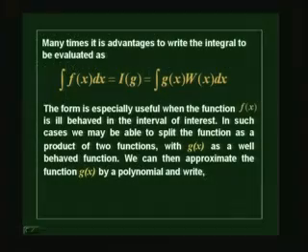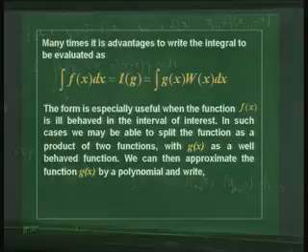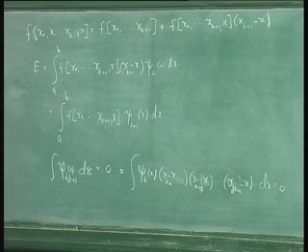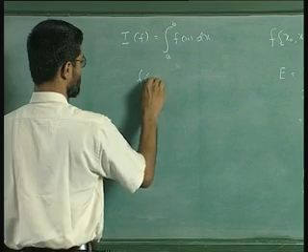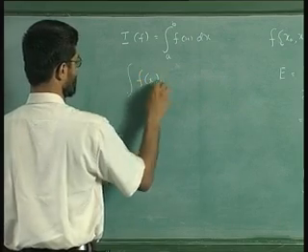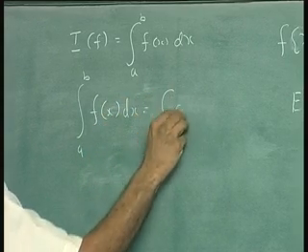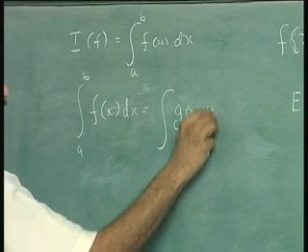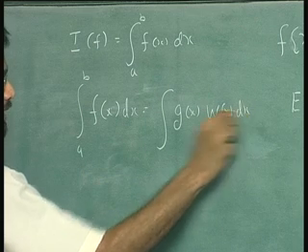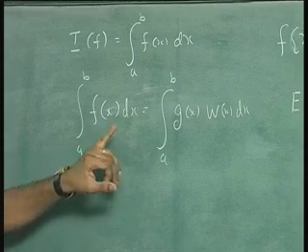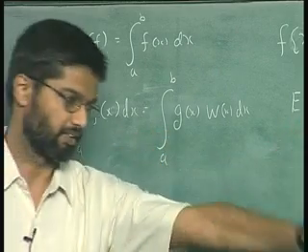For that, the first thing we do is to write this function f of x as a product of two functions. So we say the integral of f of x dx from a to b can be written as the integral of g of x into w of x dx between the limits a to b. This has a double advantage. One is that it is required for us to find the points.